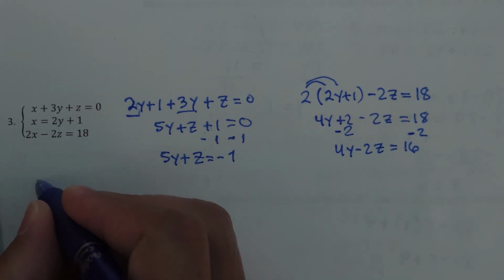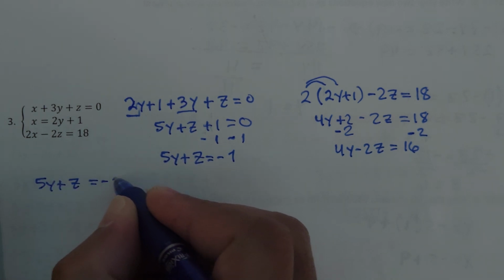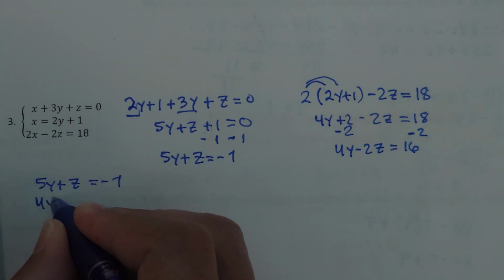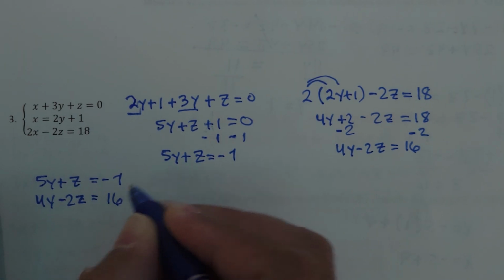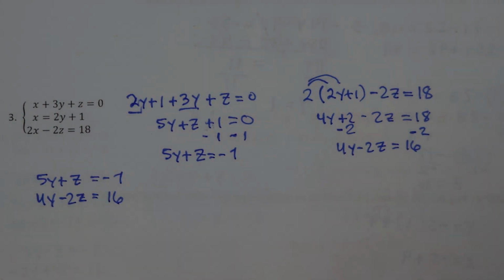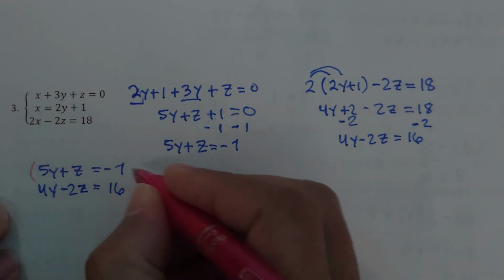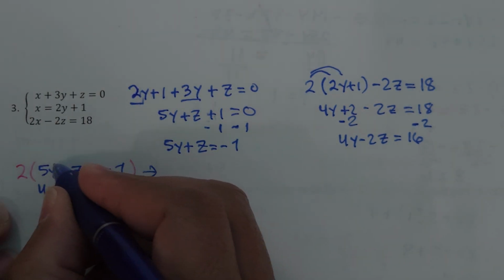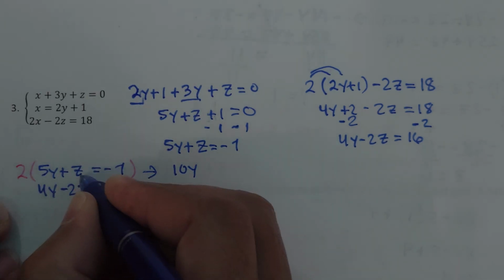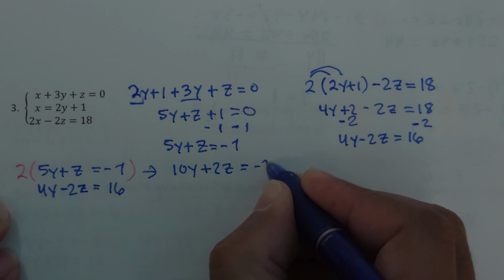So then I'm going to combine these two equations next. I'm going to use elimination. So I have 5y plus z equals negative 1, and the other is 4y minus 2z equals 16. I am going to eliminate the z's, which means I'm going to multiply the first equation by 2. So 2 times 5y, that's 10y. 2 times z, that's plus 2z. 2 times negative 1, that's negative 2.